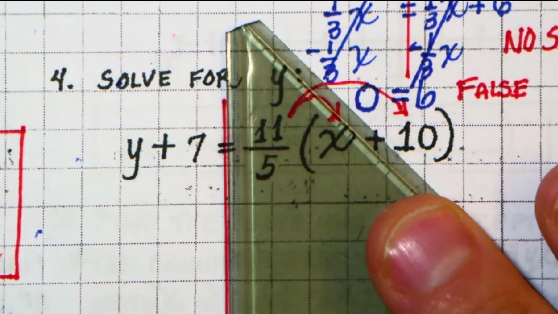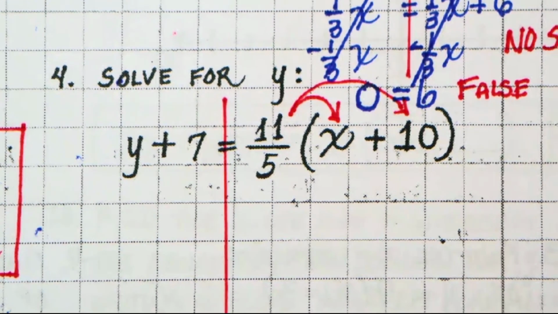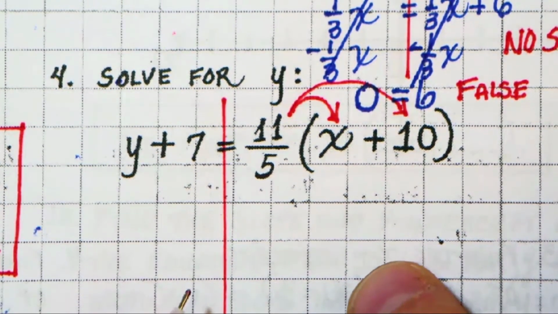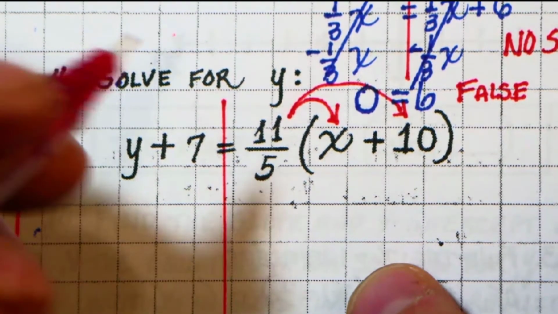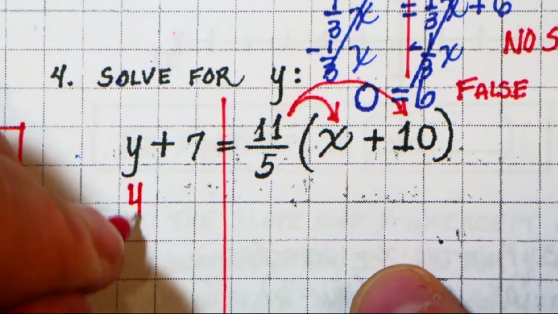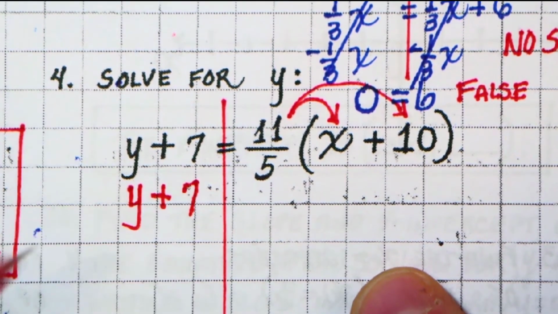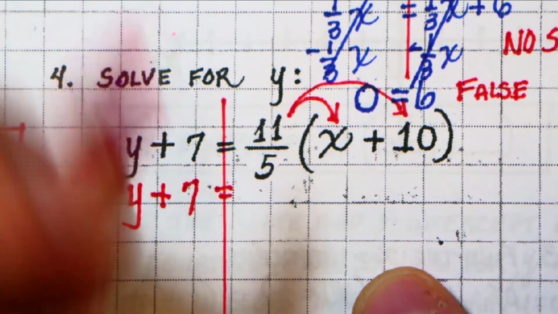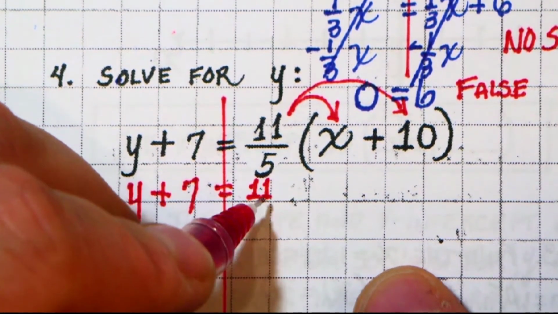If I asked you to give me the x-intercept of this, Rudy, you would just turn that y into a 0 and solve for x. Okay, so we're going to distribute. Now, that means we're not going to touch the left side, so we'll just rewrite the left side. Perfect. So I'm going to write y plus 7 equals, and then I'm going to start this distribution with 11/5x.